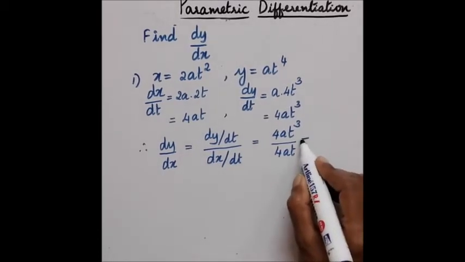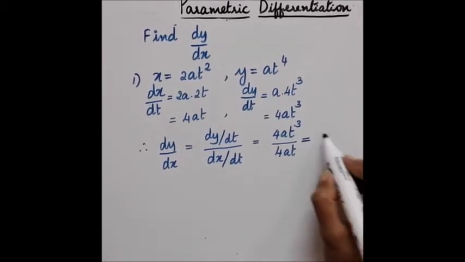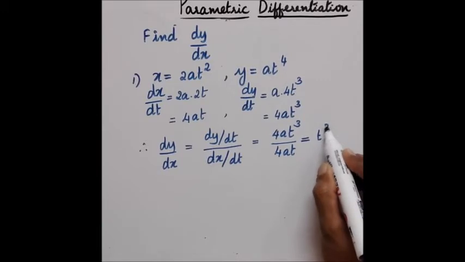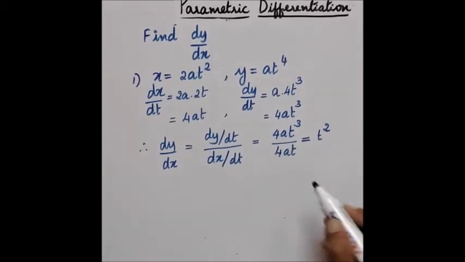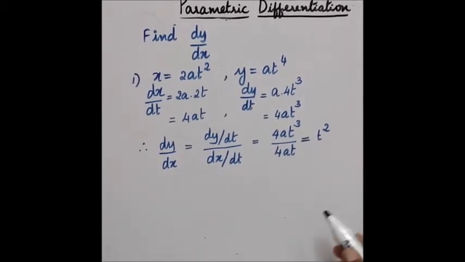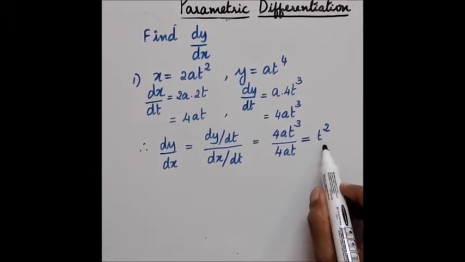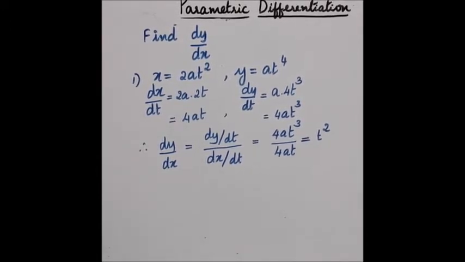On simplification, 4a gets cancelled, one t gets cancelled, so the remainder is t square, which is again a function of the third variable t. So this is how we find dy by dx in the case of parametric equations.